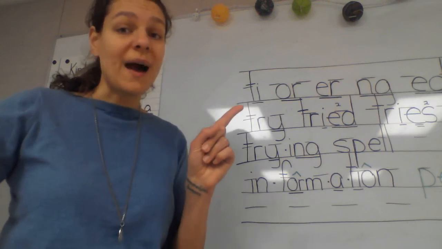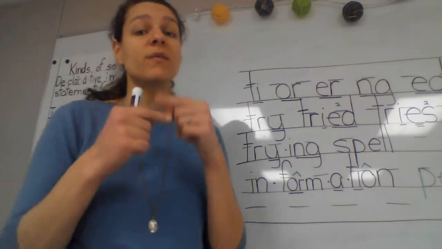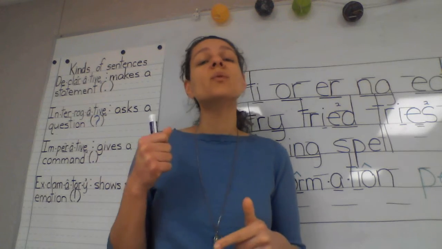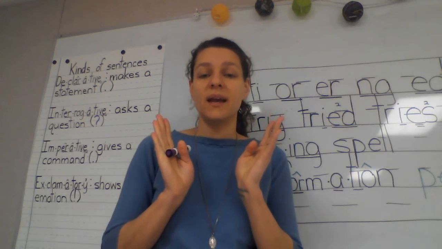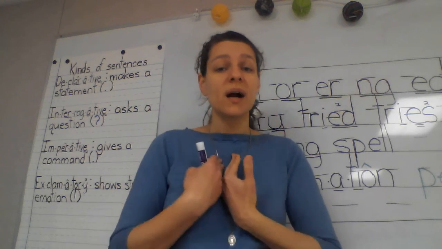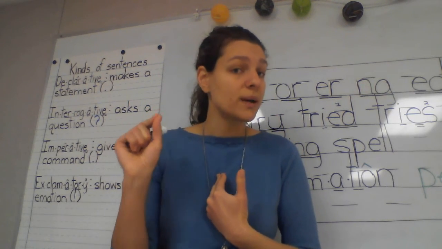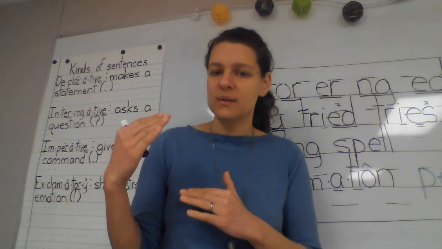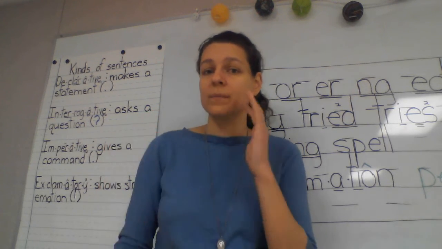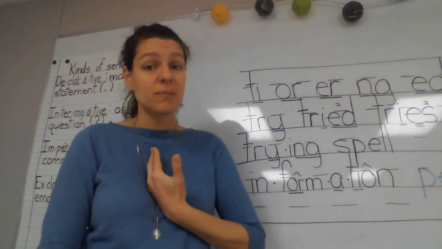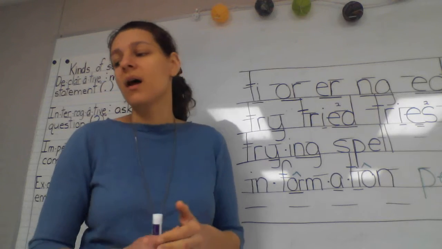All right, class, we have one more thing to write today, and that is we're going to do one more contraction. First we'll write the 2 words that we make a contraction from, and the 2 words are I am. Class, now before you write those 2 words, when we're talking about ourselves, which kind of an I do we use? All right, we always use a capital I anytime you're saying I to talk about yourself.